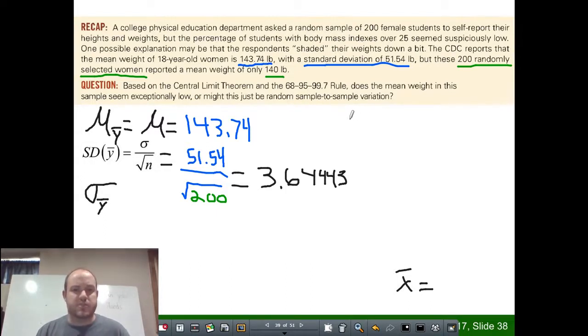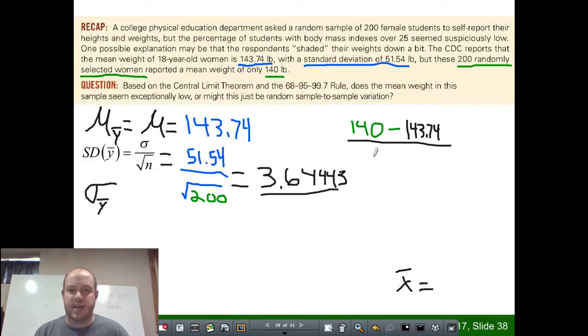So remember, what is our z-score? That's when we just take the mean of our sample, which in this case is 140, and we want to subtract off the mean of our sampling distribution, which is the mean of the population. So that's our 143.74. And we want to divide that by the standard deviation of the sampling distribution. So we don't want to use the 51.54.